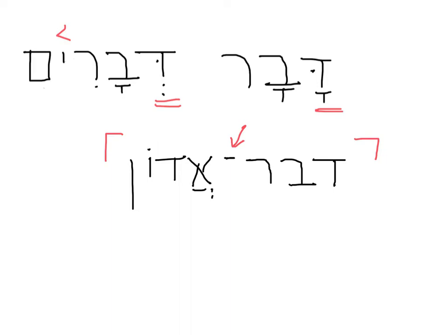So we have Adon. In this case, because it's a single unit, it only has one accent, which falls at the end of the word. Therefore, it's going to reduce the vowel to a schwa again. Devar Adon, word of a Lord.